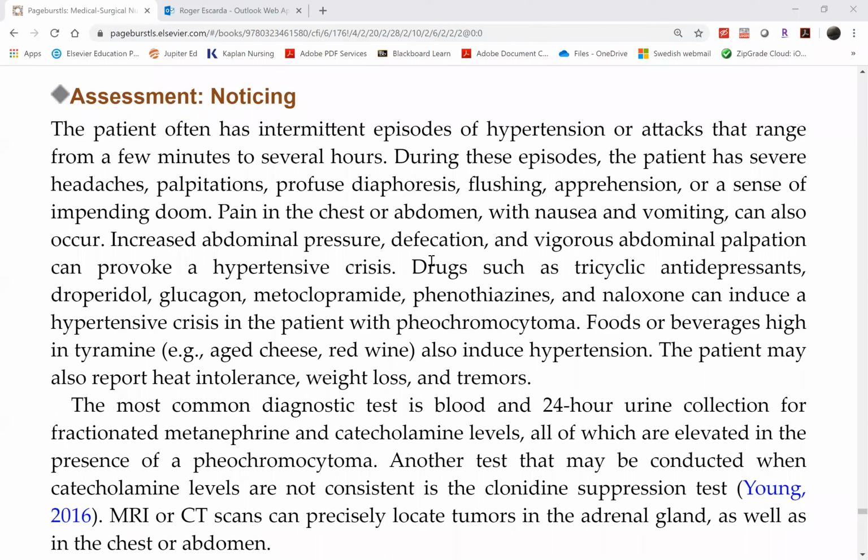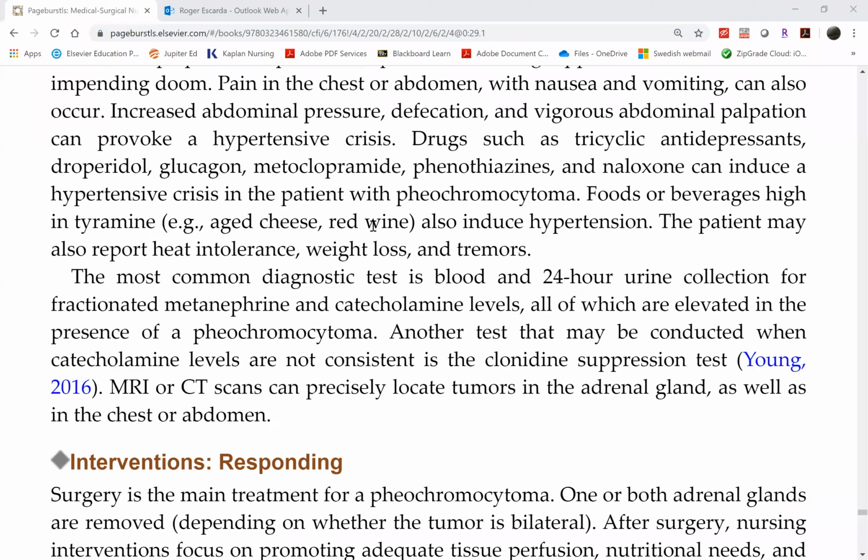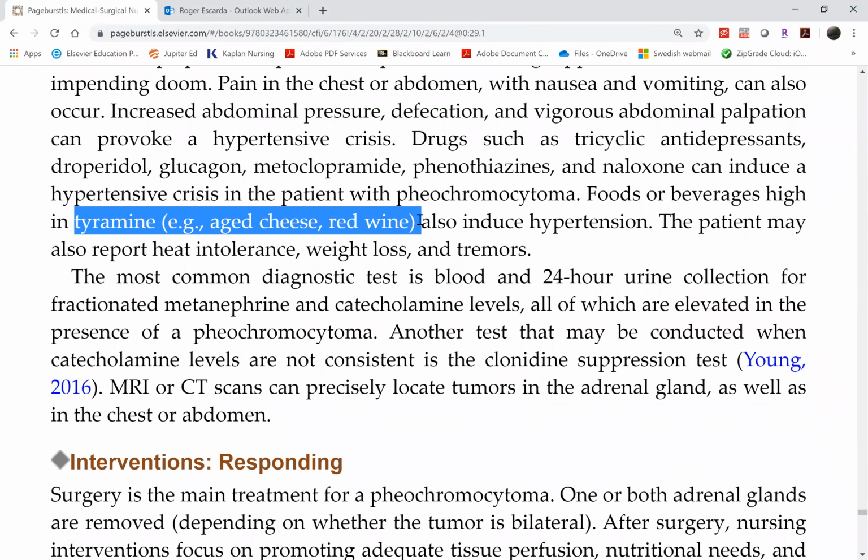So drugs are related to suppressing the hormones and the symptoms that occur with it. So we have antidepressants, because again, the patient has this nervousness feeling all the time. You avoid other things that will make the hypertension worse, like tyramine.